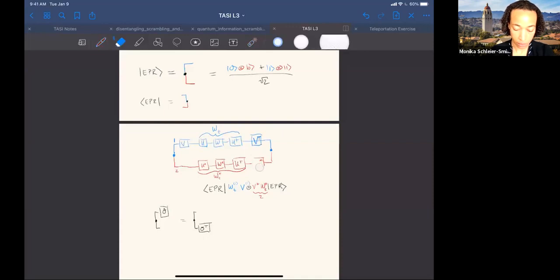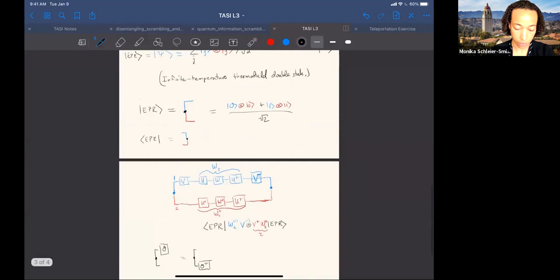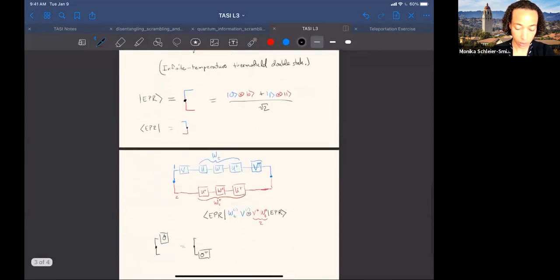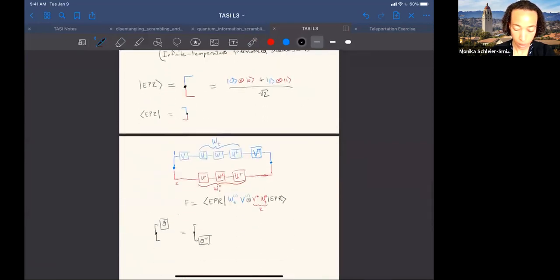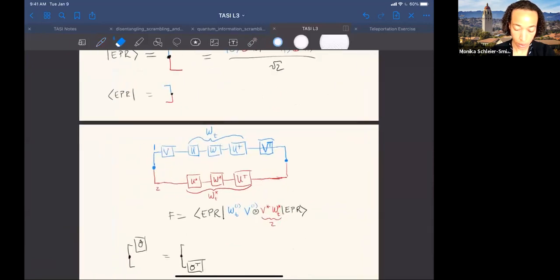Let's just simplify that. So this would be another way of measuring. This, if we wrote it down before, we call this function f. Equivalent with the transpose, sorry, the Hermitian conjugate up here.